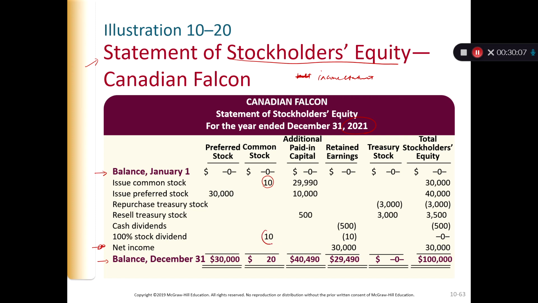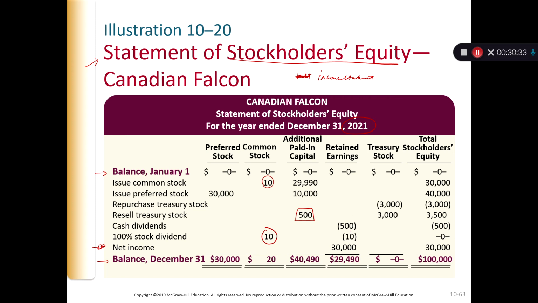And then they also declared a 100% stock dividend for $10. And then the additional paid-in capital associated with the common stock and the preferred stock this year is $10,000, and then they resold the treasury stock for $500. So that's the additional paid-in capital, right?